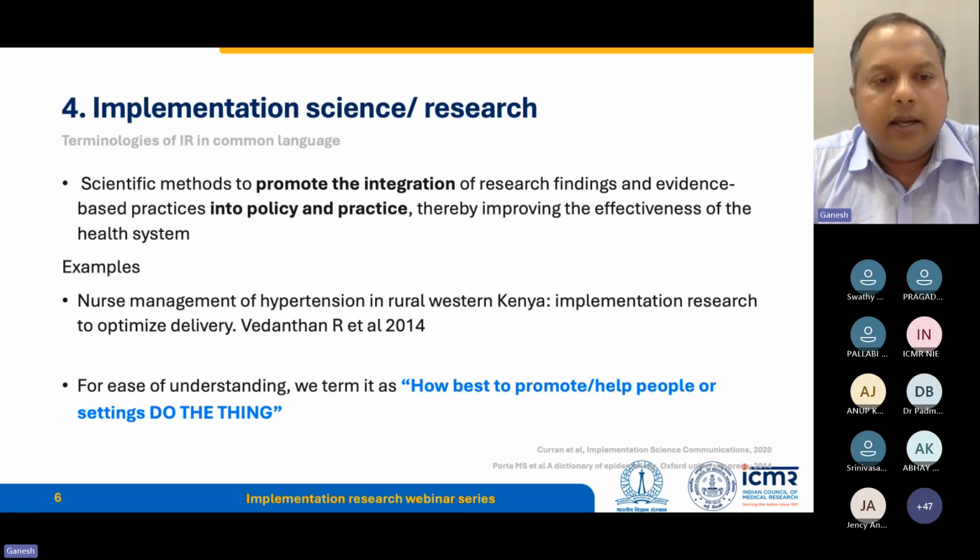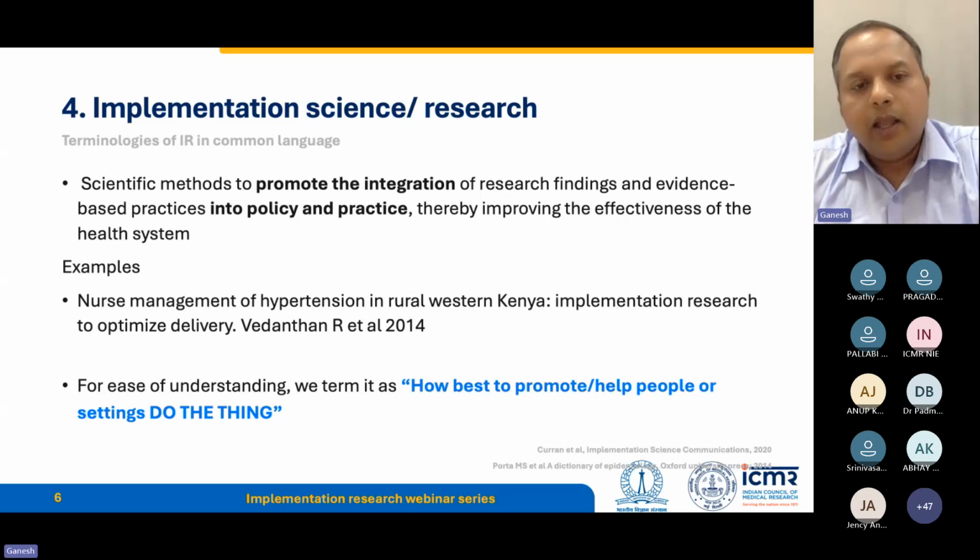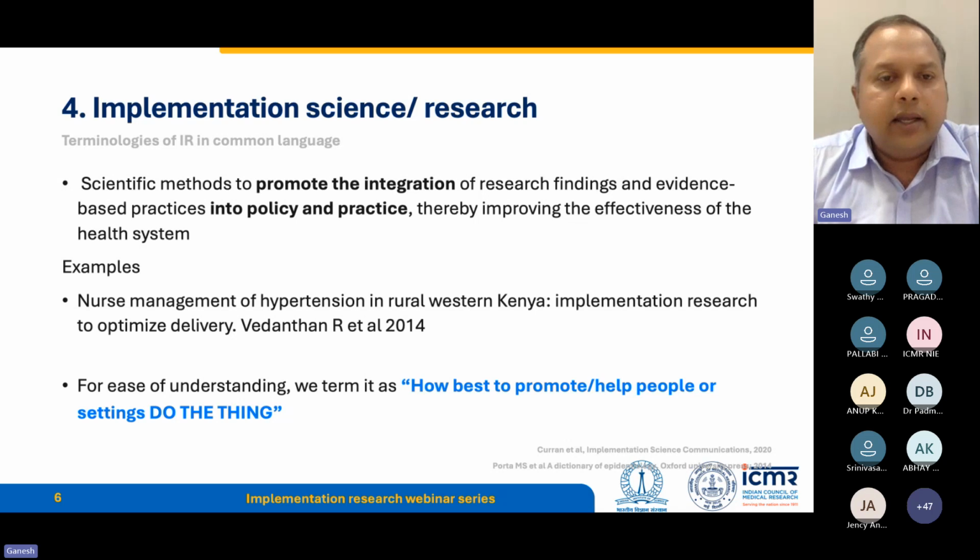So this is a simple understanding of how implementation research is bridging evidence to practice. An example here is nurse management of hypertension in rural Western Kenya, implementation research to optimize delivery. So here, the thing is nurse management. It's management of hypertension, but how better we are doing that particular thing is through delivery of hypertension care by nurses.